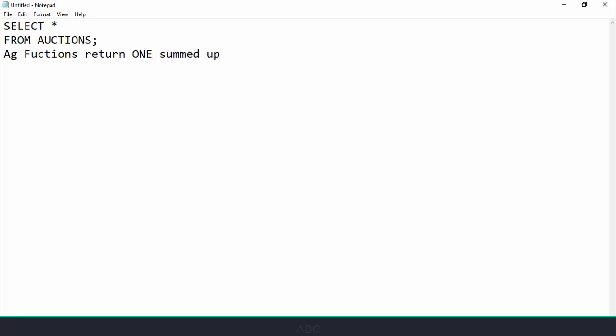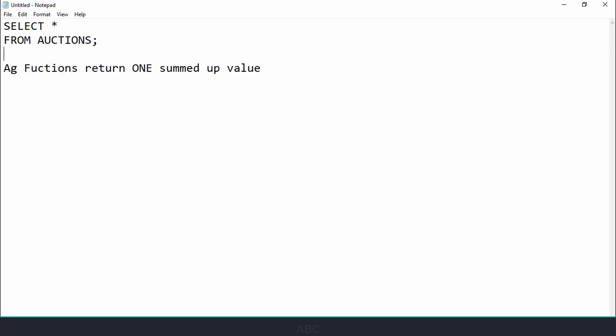What does that mean? Let me explain. You're going to see ag functions or aggregate functions meaning the same thing. You'll often see me put ag for aggregate. An aggregate function will return one summed up value.